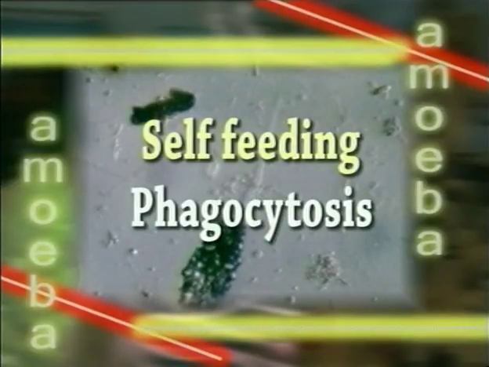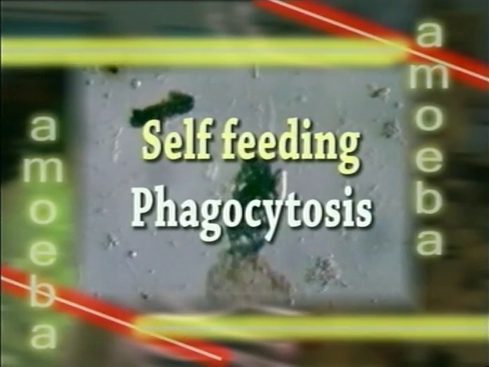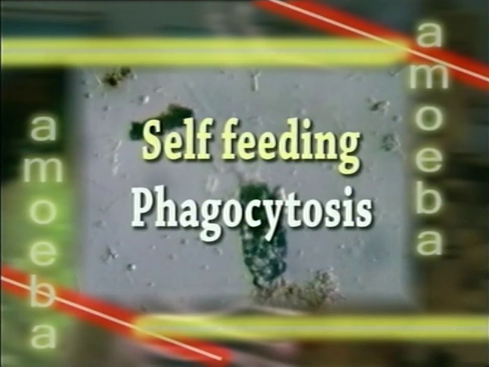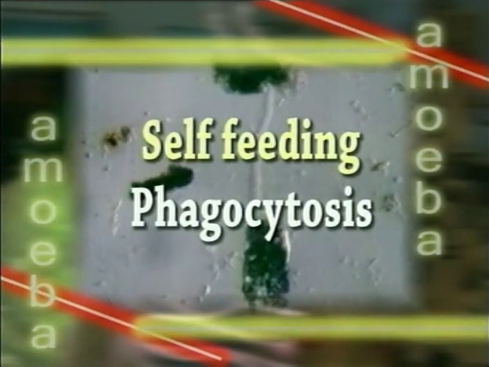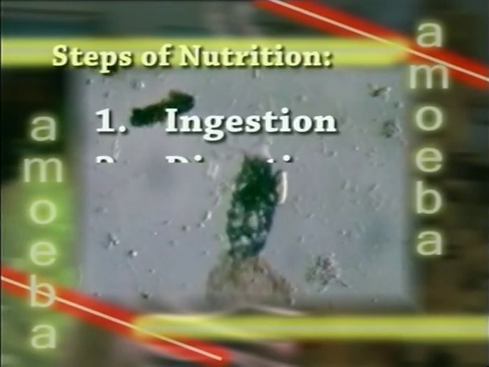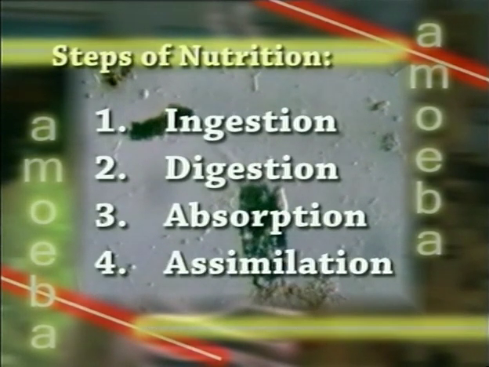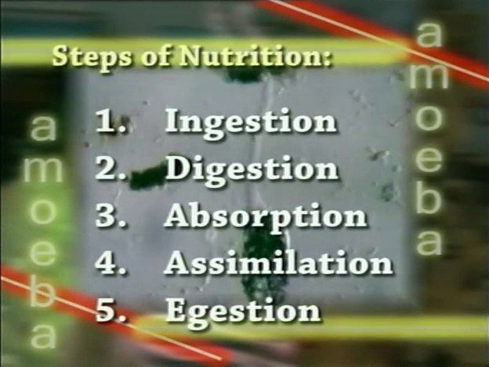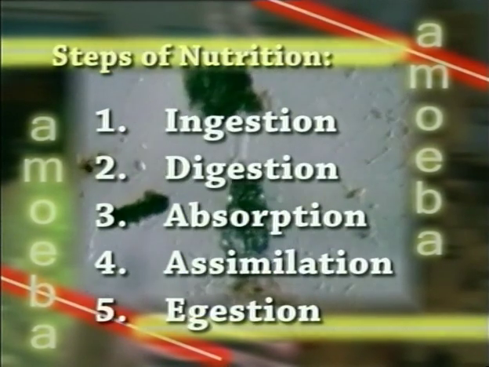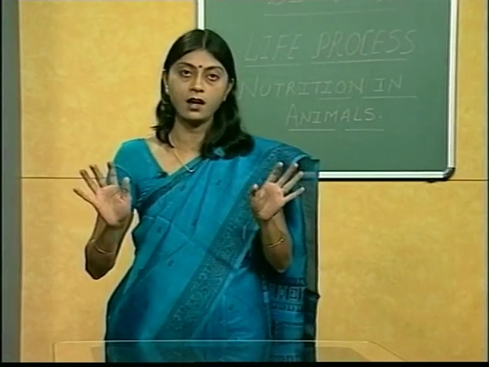Also, the process of taking the food inside the body cell is known as phagocytosis. The meaning of phagocytosis is cell feeding. Okay. Now in nutrition, again the same common steps: ingestion, digestion, absorption, assimilation and egestion. But the organism is unicellular, so there is no organ system present. Simply a single cell is there, and therefore diffusion is sufficient.